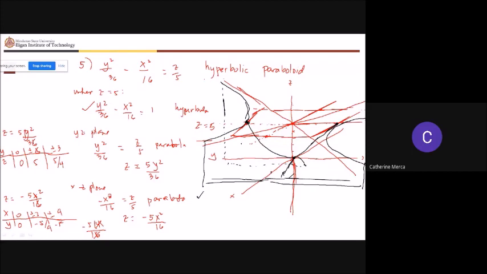Okay. So if you can picture it out, that is your hyperbolic paraboloid.